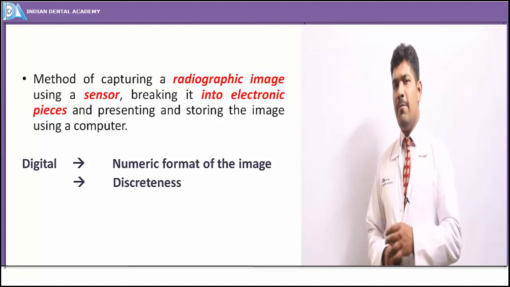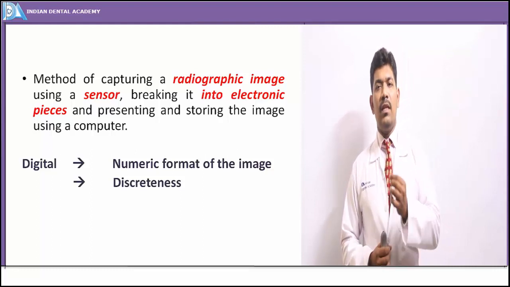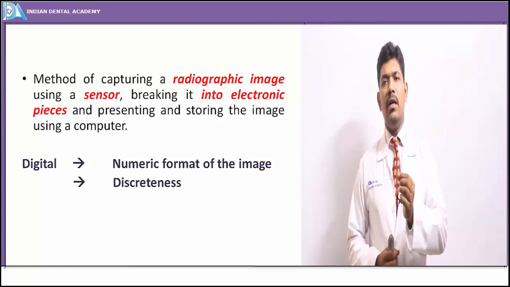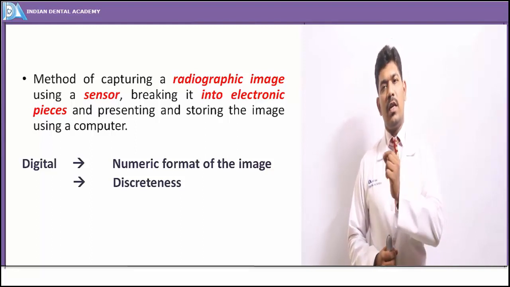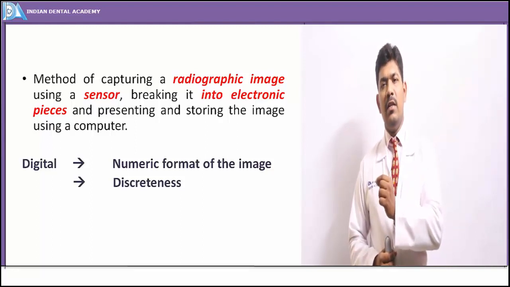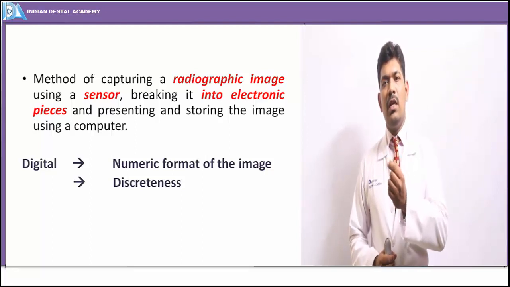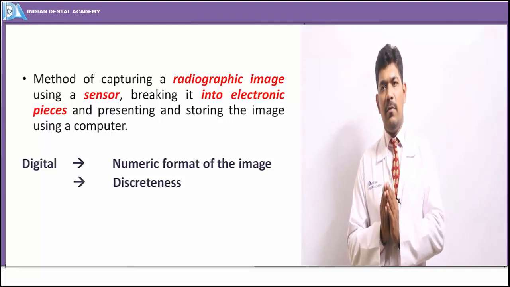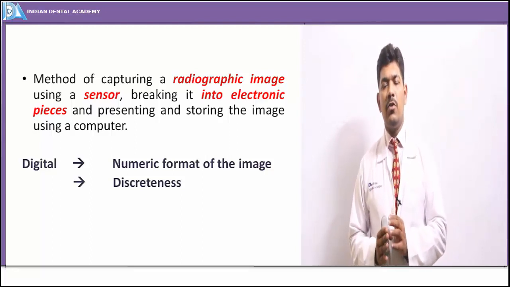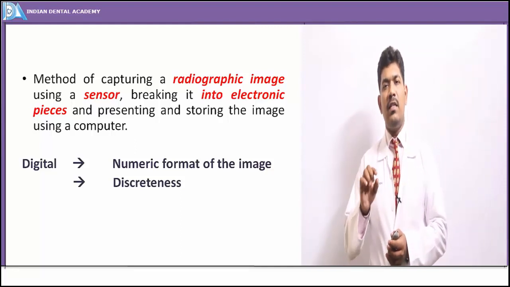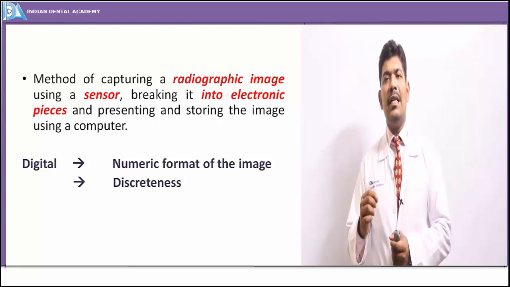The other meaning of digital is discreteness. As we know, a number is discrete in its entity. In the same way, this image, which is converted into an electric signal by breaking it up into small boxes, has each box represented as a whole in itself. The combination of all these boxes represents a total picture. Each pixel has a particular signal, a particular input and output value, so it is discrete in nature.